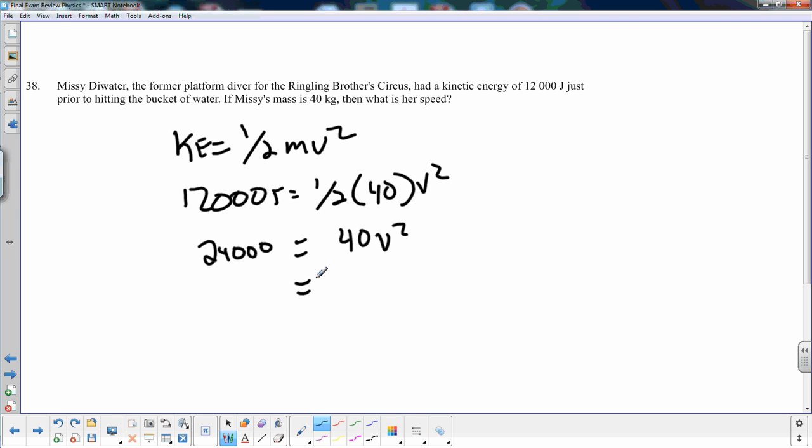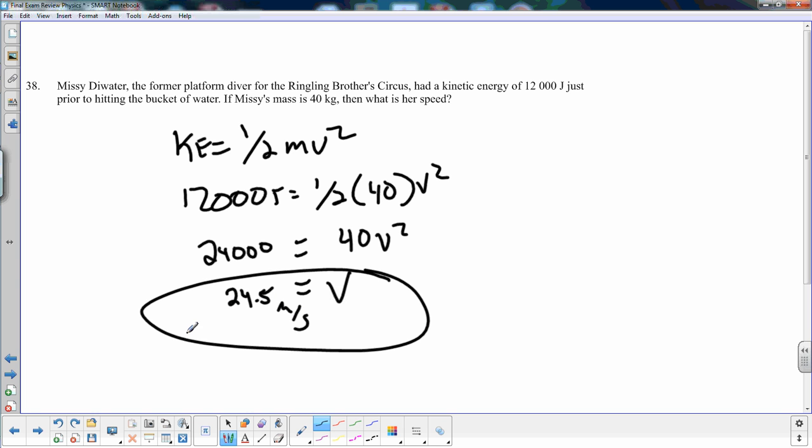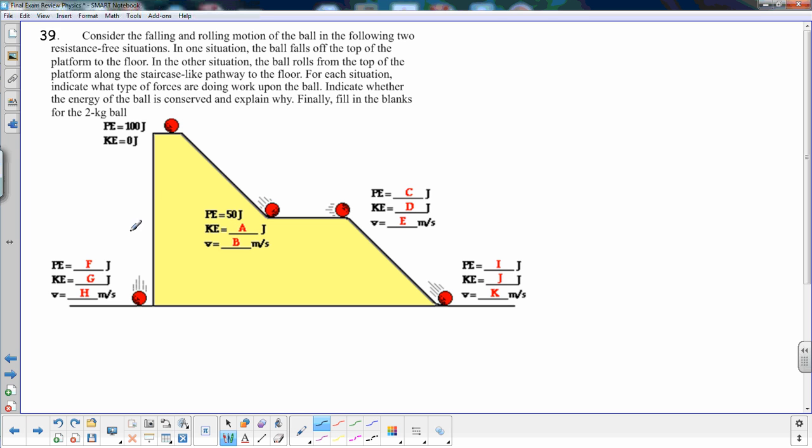So 100 equals 1/2 m, which is 2, v squared. So 1/2 of 2 is 1. Square root of 100 is going to be 10 meters per second.